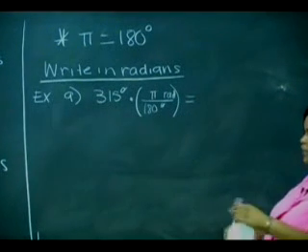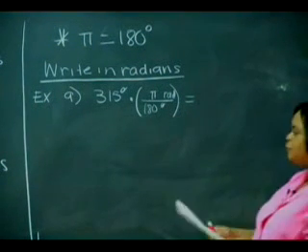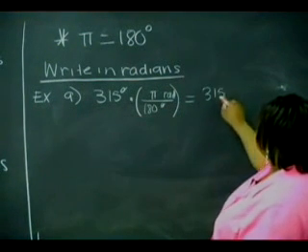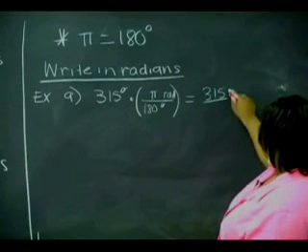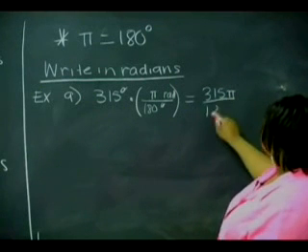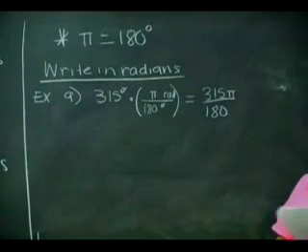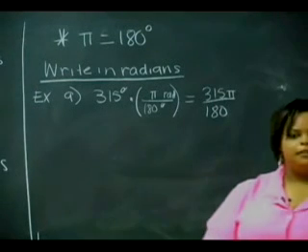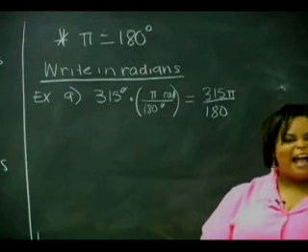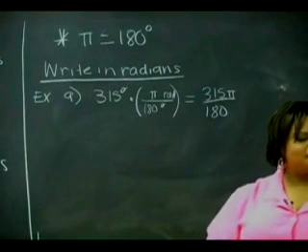So what I have is 315 times pi over 180. Now, do I want to leave my answer like that? No. Why? Because it's not in simplest form.